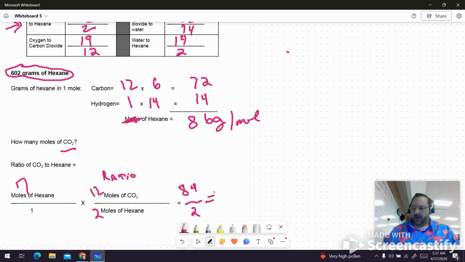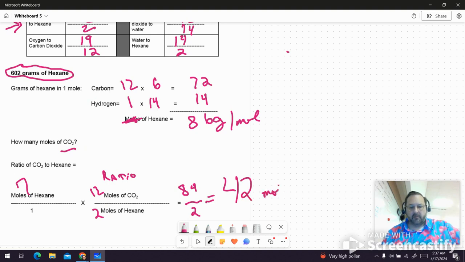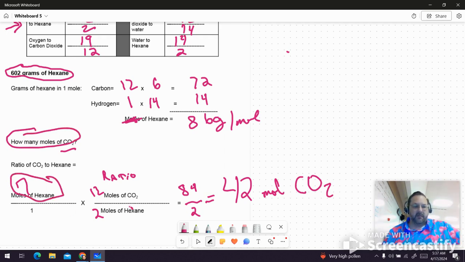What's 84 divided by 2? That's 42 moles of CO2. And that's what I was trying to figure out, right? Here's how many moles of CO2. So my given is right here, and here are my moles of CO2.